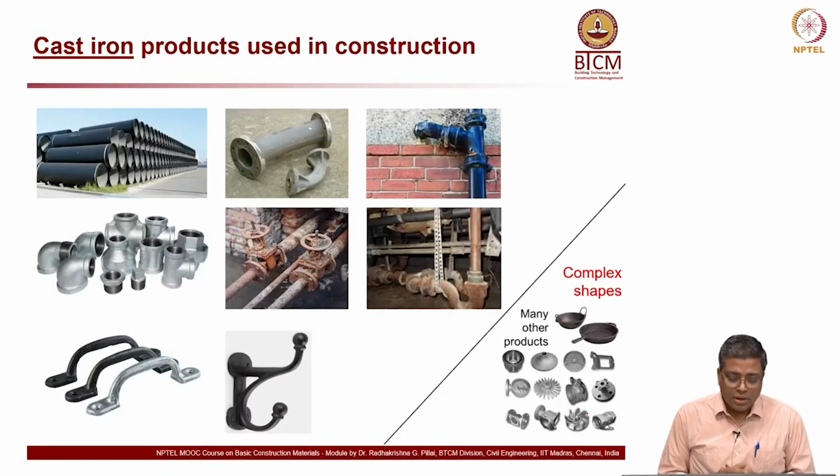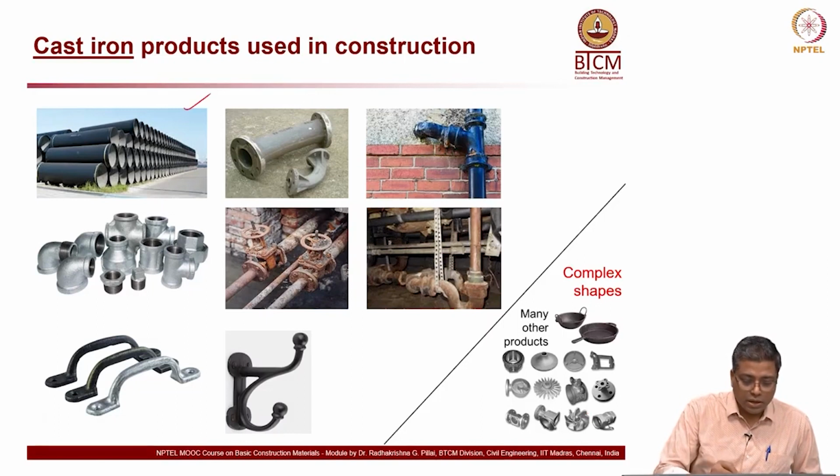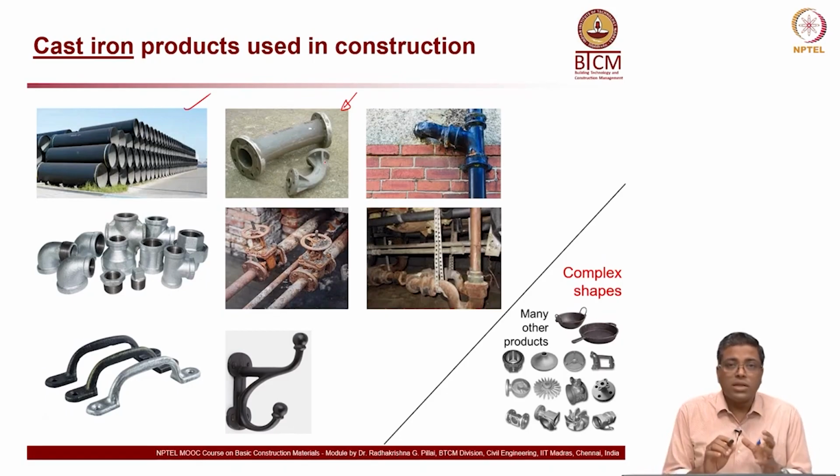Now, another more refined product is cast iron, where cast iron is used for pipelines, water pipelines, sewage lines. I mean, many products are there. You can see here pipeline, and then these are some of the connections for the pipes, and wherever there is a complex shape, and that shape can be achieved by making a mold, that is where cast iron comes into the picture.